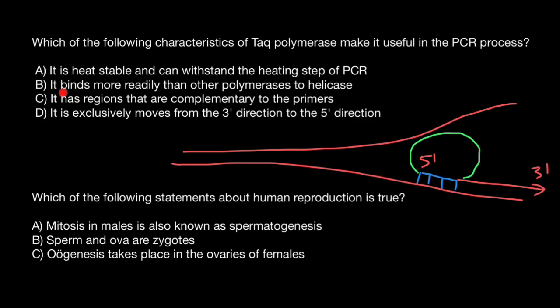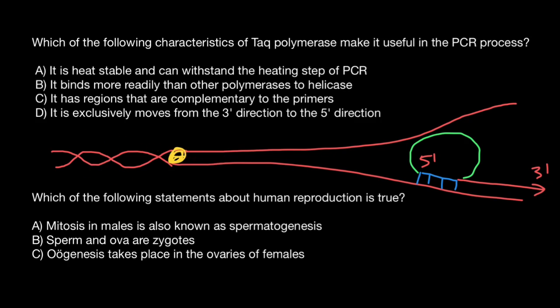Next statement: it binds more readily than other polymerases to helicase. So imagine double-stranded DNA. It actually looks like this. We have our DNA which is wound, and in order to unwind it, a special enzyme is used, a special protein which we call helicase, which unbinds this double-stranded DNA.